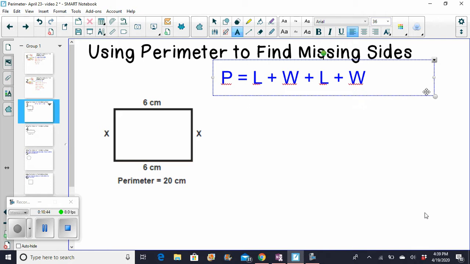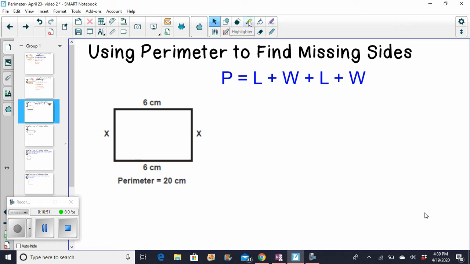I also need to recall the properties of a rectangle. Looking at our rectangle, keep in mind that the opposite sides are going to have the same measurement. So top and bottom, by definition, a rectangle's opposite sides have to be the same measurement: 6 centimeters, there it is, 6 centimeters.